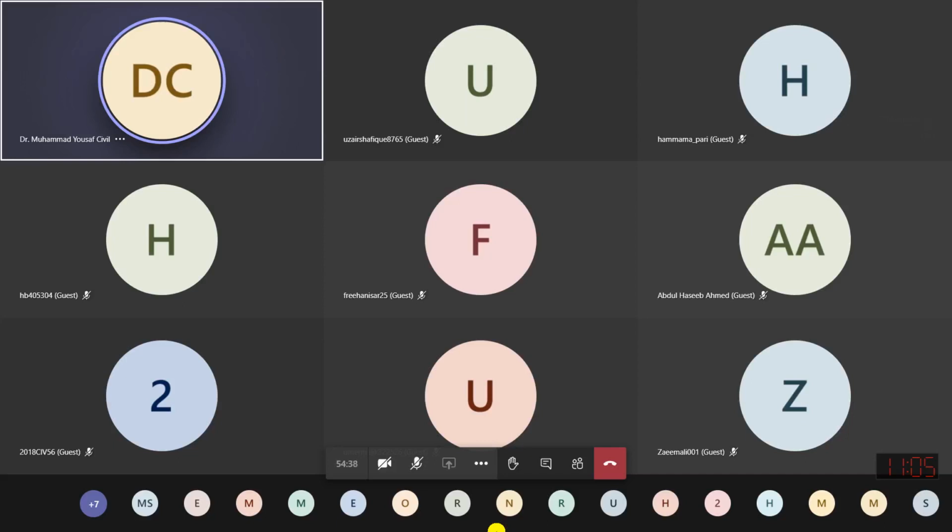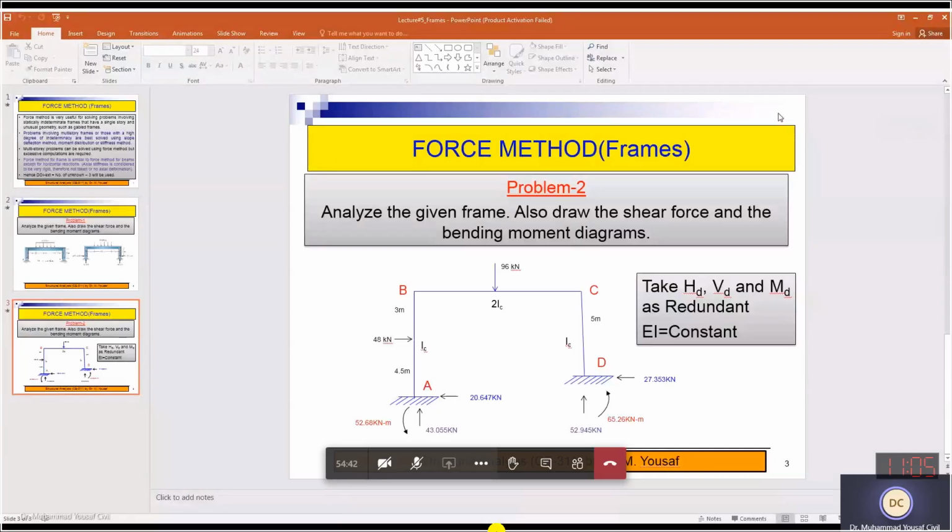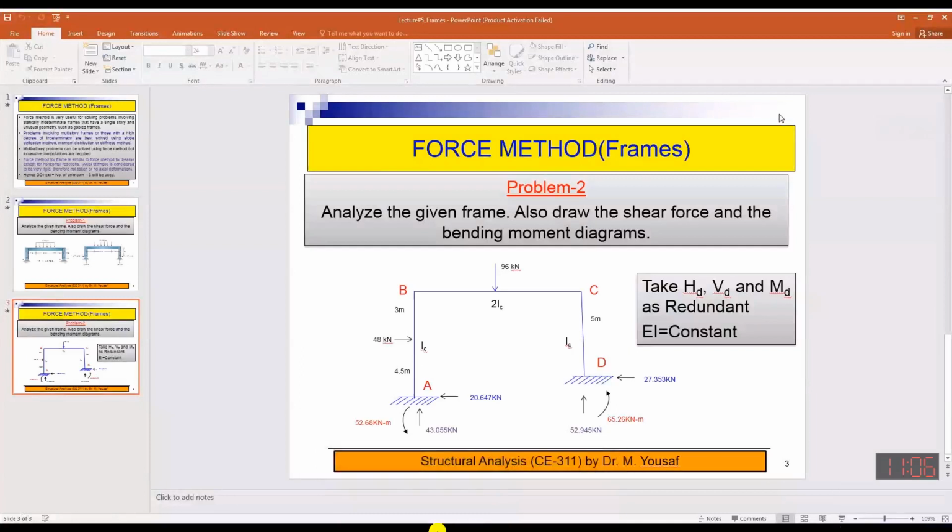Now there is another numerical. You can see it. Analyze the given frame. Is it clear? Yes sir.